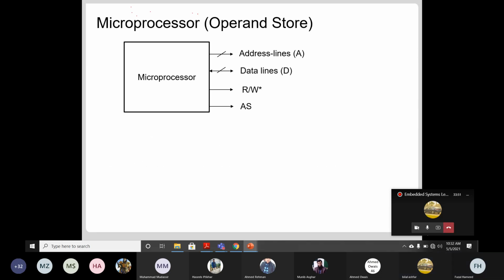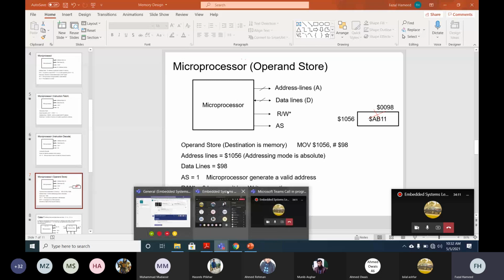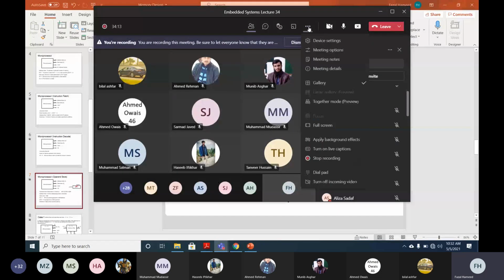Now we want to store some data in memory. This is another scenario. If you remember, we already studied in lecture number 25 that there are different phases of execution of an instruction. What are the different phases of instruction execution? Do you remember?